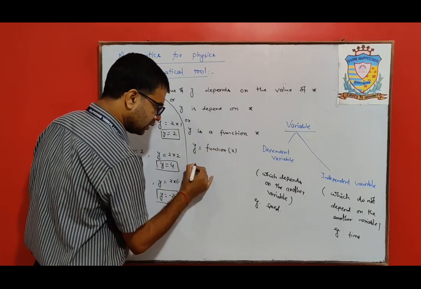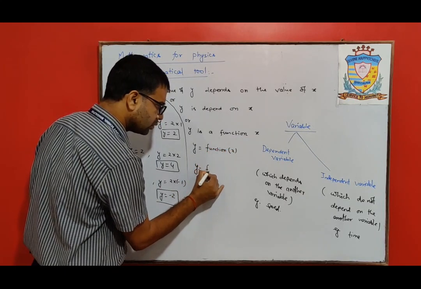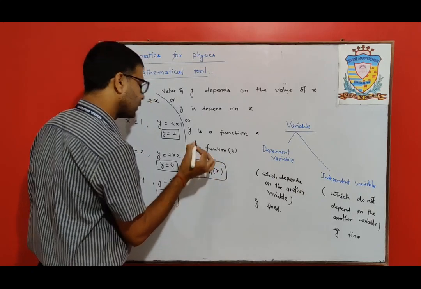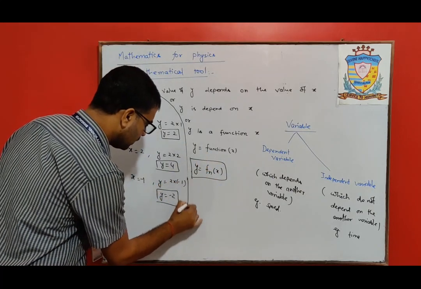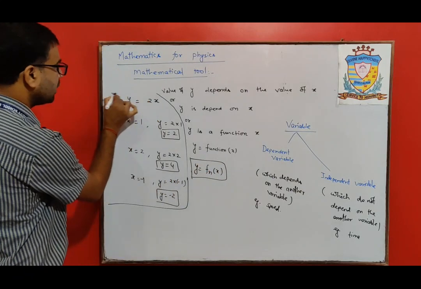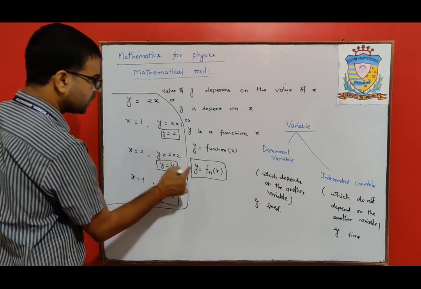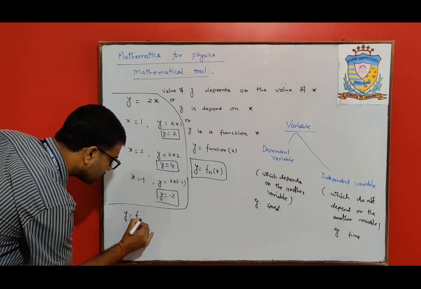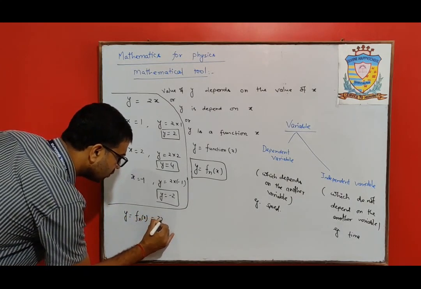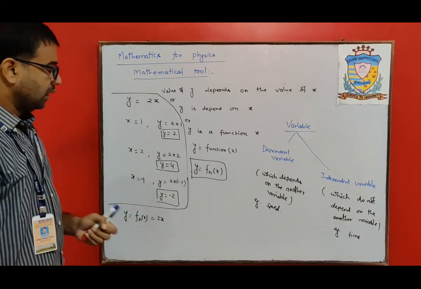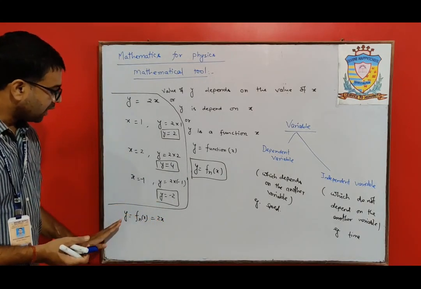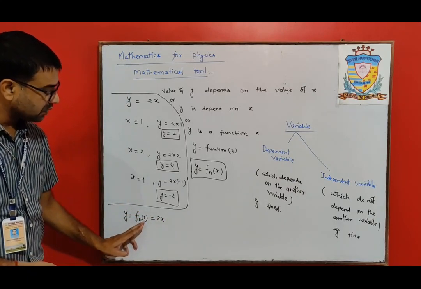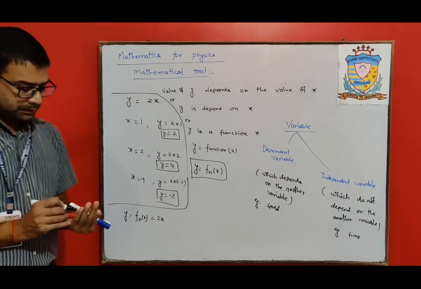This can be written as y is equals to f of x. Here the value of y is 2x, so y is equals to f of x is equals to 2x. Clear? Because the value of y depends on the value of x, that's why it is also known as a function of x.